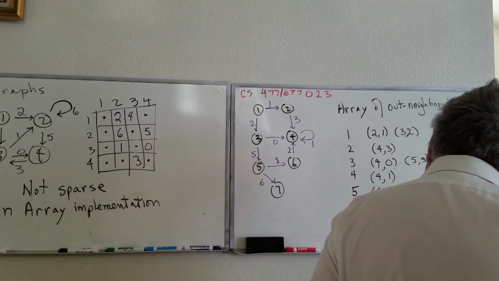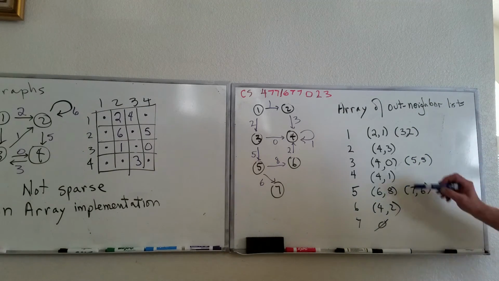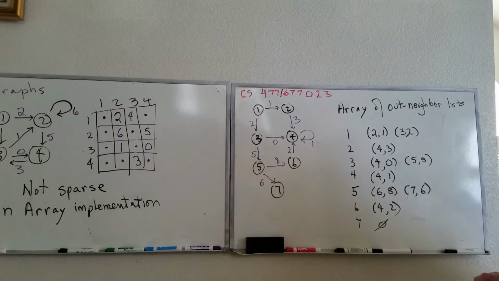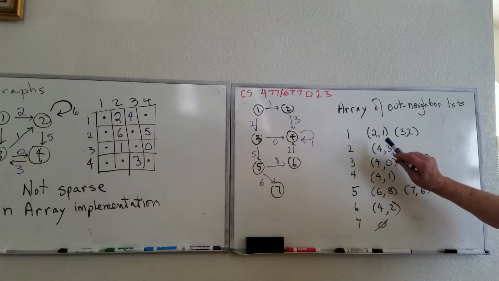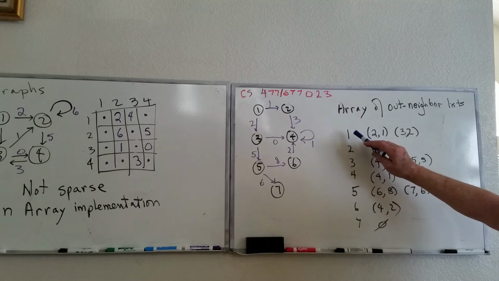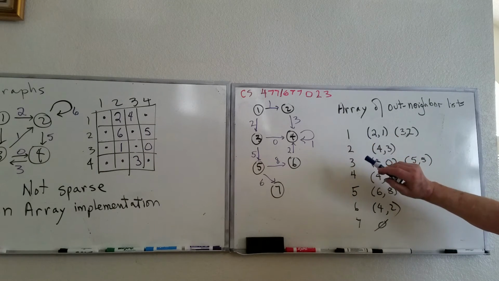And for each vertex, we have to have a search structure here, which could be a simple unordered linked list, but it could be a more complicated search structure, and it depends on how many out-neighbors a node has.